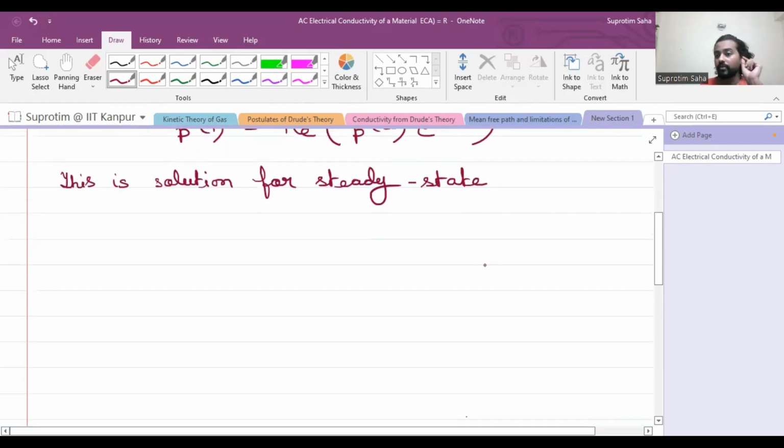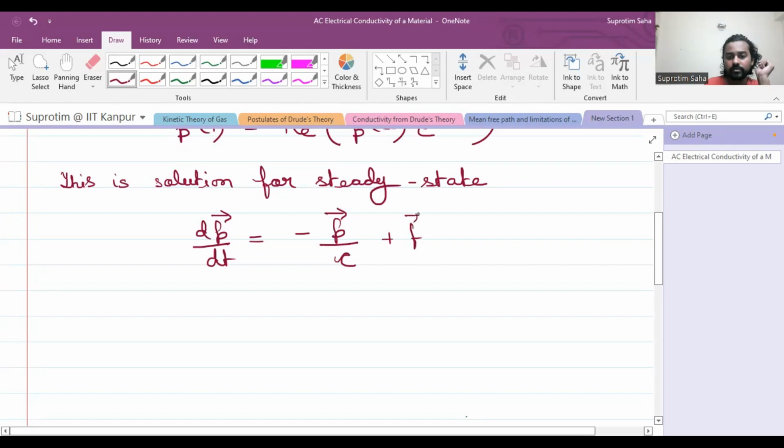All right. So now recall Drude's equation, which is dp vector by dt equals minus p vector by tau plus a force.